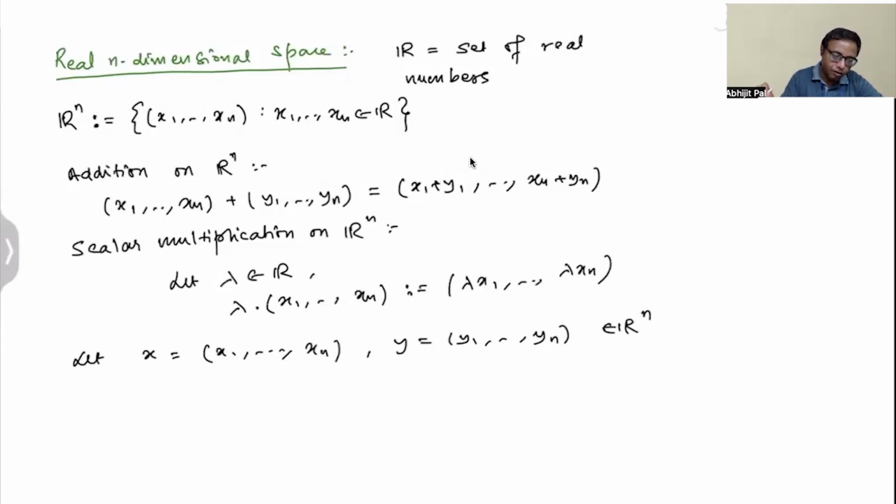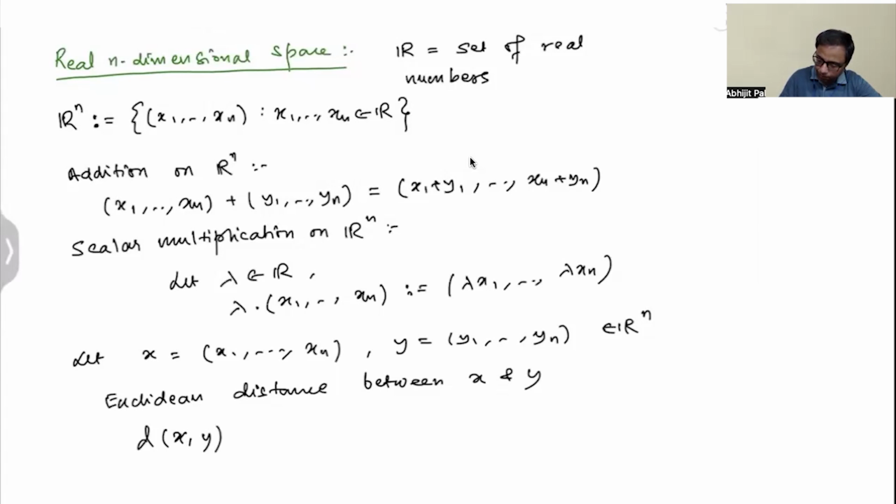The Euclidean distance between x and y is defined to be the square root of the summation i equals 1 to n of xi minus yi whole squared.